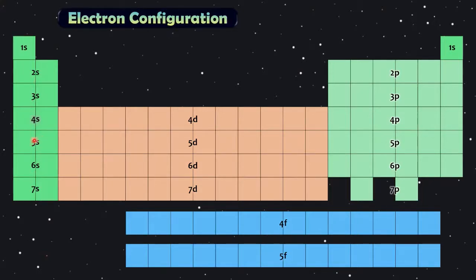So probably here is 2s1, 3s1, 4s2, 5s2, and for the transition metals, they end with the D subshell. For D1, D2, and so on, and for the last row, 7D. And here the P subshell and the F subshell, 5F subshell.